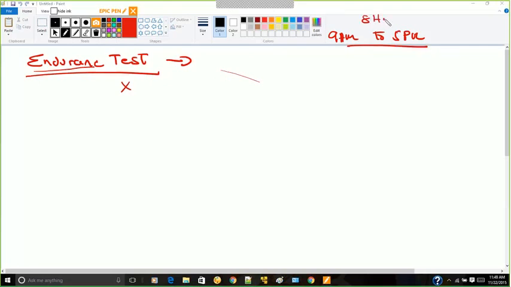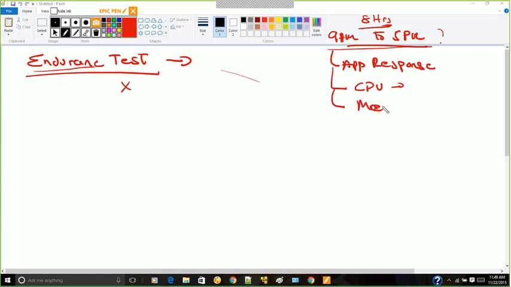If there is continuous load on the system, how will my system behave? How will my application respond? How will my CPU behave? What is the CPU usage? What is the memory usage? How is my memory used? All those things are what we are going to see.